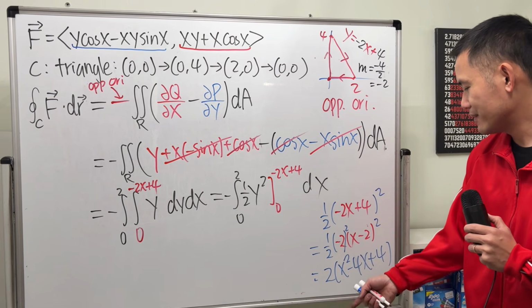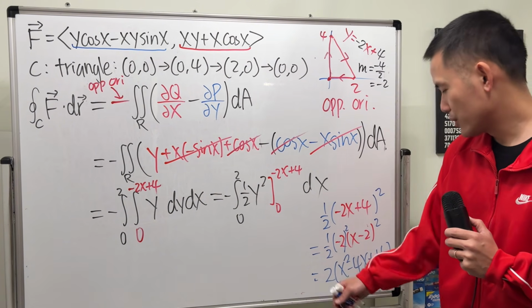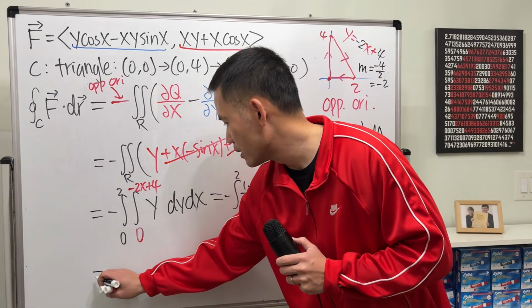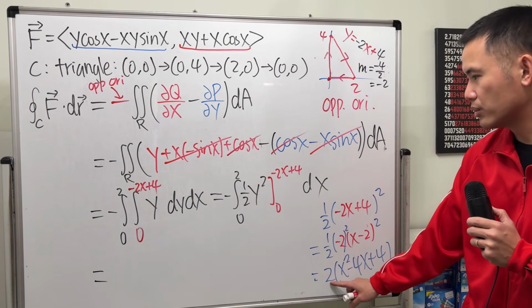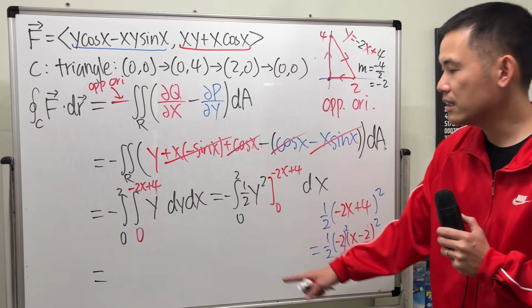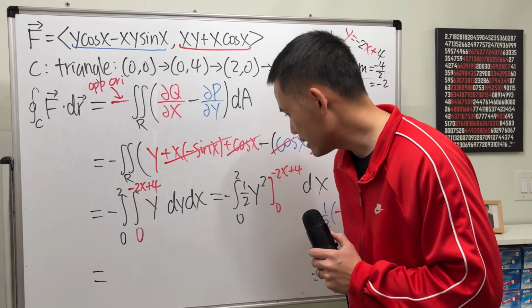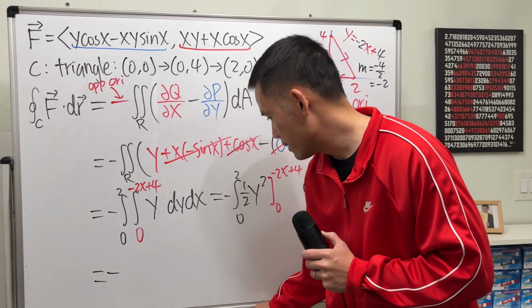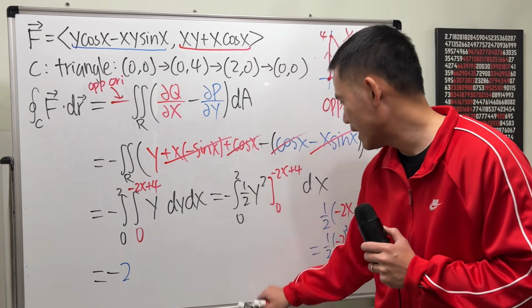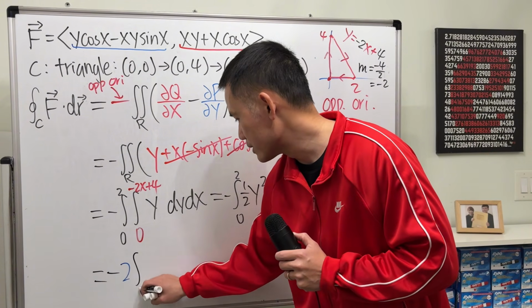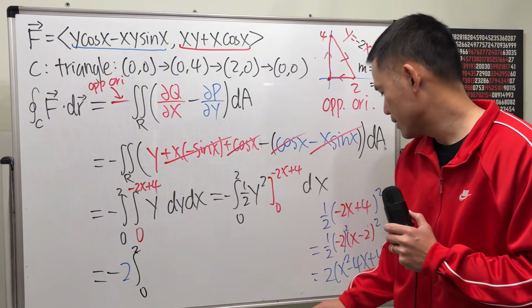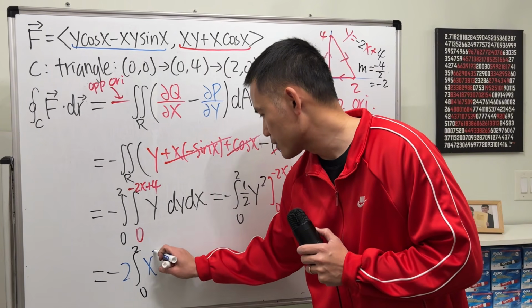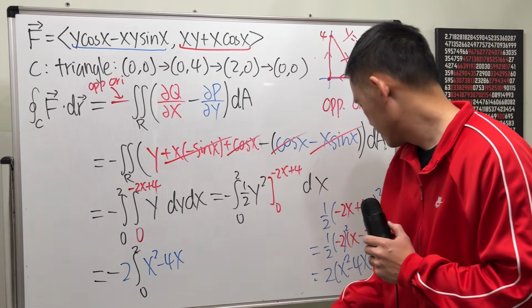Okay, I have the 1/2 in the front here, so we will have the following. We will have the 2, which can go all the way to the outside. Here we have the negative, don't forget about that. Negative 2, and then we have the integral from 0 to 2 of x squared minus 4x plus 4.